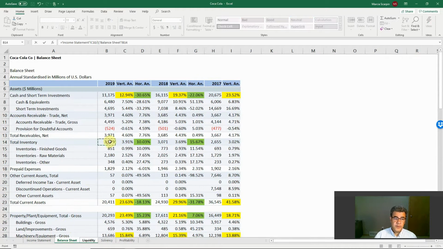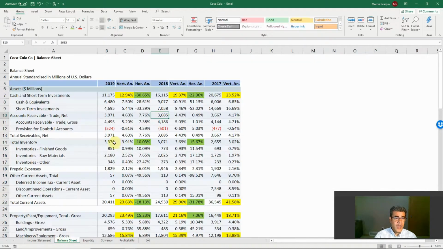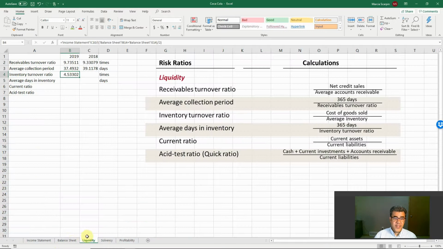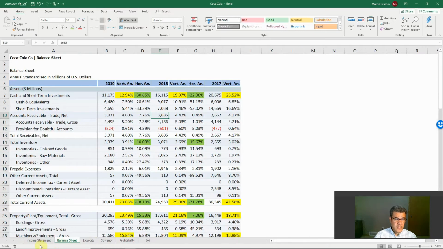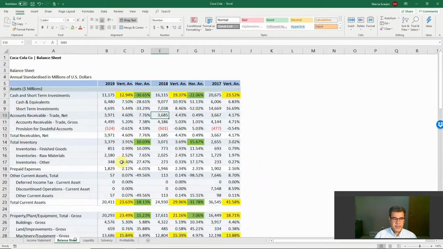The total. So total 2017 plus total 2018 divided by 2 is our average. Let's close the second parenthesis. And we have 4.53. So we have 4 times per year. And that makes a huge sense here.